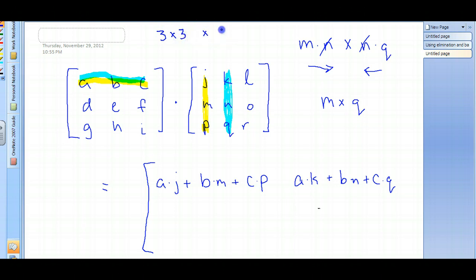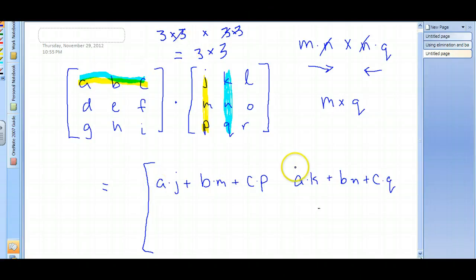These inner numbers wipe each other out, and we end up with a 3 by 3 matrix. If we had a 4 by 6 times a 6 by 2, we'd end up with a 4 by 2. A 3 by 2 times a 2 by 5, we end up with a 3 by 5. We'll get to more of that with more examples.